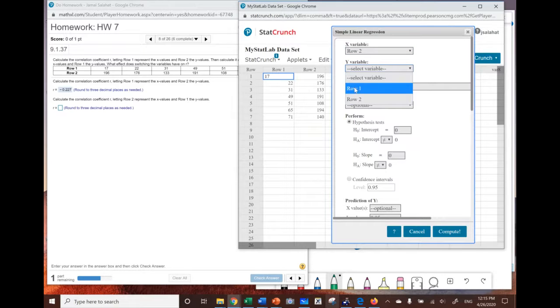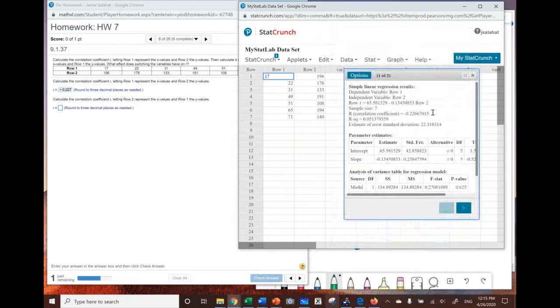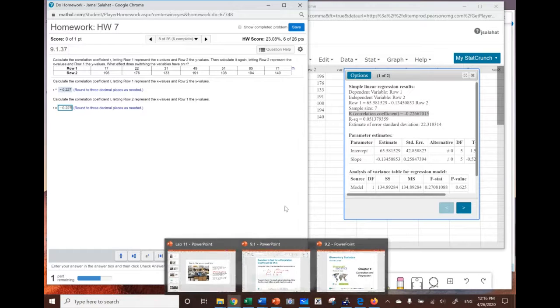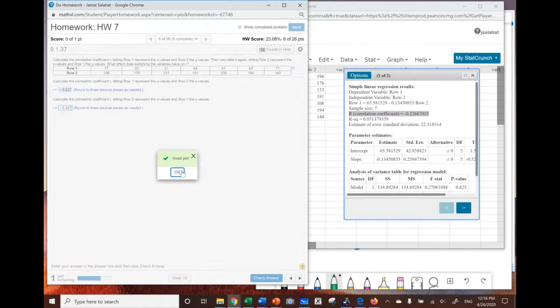When you choose the Y, don't choose row 2, choose row 1. So flip them. What happens? Look at R. Here is the R, and we get the same number, negative 0.227.